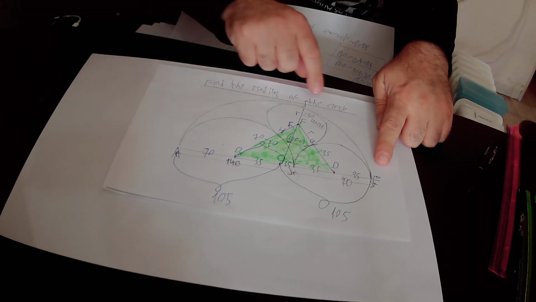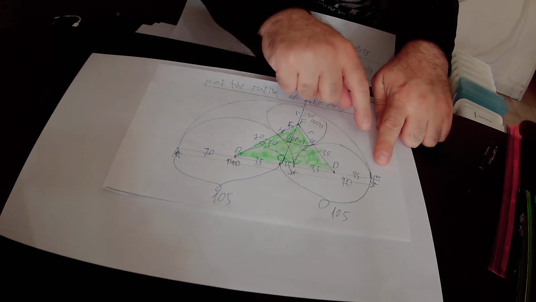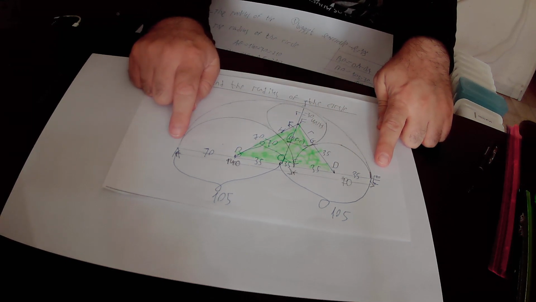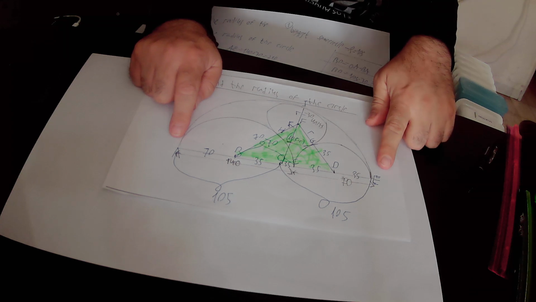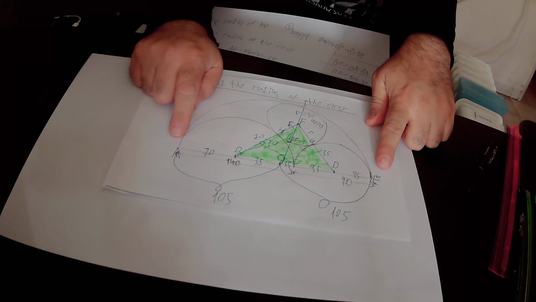But what is AE? AE is the diameter of the biggest semicircle. It is very easy to see it from the drawing. That is to say, AE equals 2 times capital R. Why? Because the diameter of any semicircle or circle is twice as long as the radius.